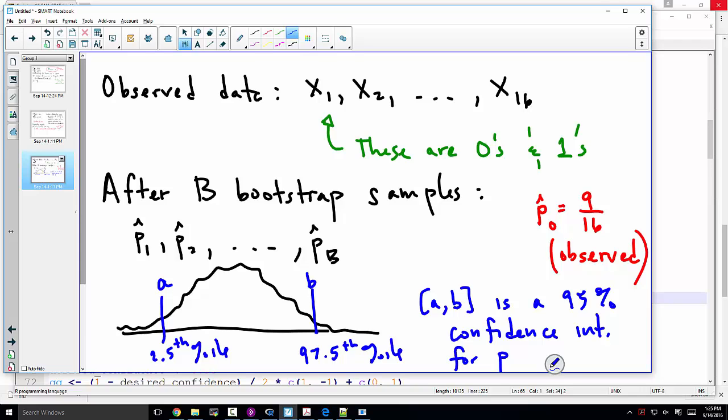All we did was take data, 16 zeros and ones, and that's it. We used this generic technique of resampling to make it as though we know the sampling distribution of our statistic. And using that histogram, we can step right into confidence intervals. P-values also, although there's a little bit of a twist to get the p-values.